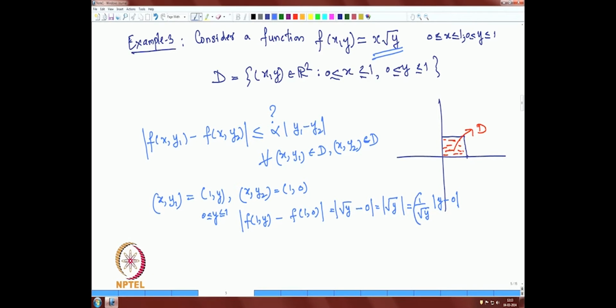If we can bound this quantity by a finite constant alpha, then it satisfies the Lipschitz condition for this point.